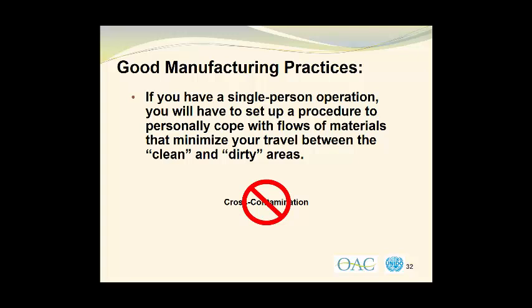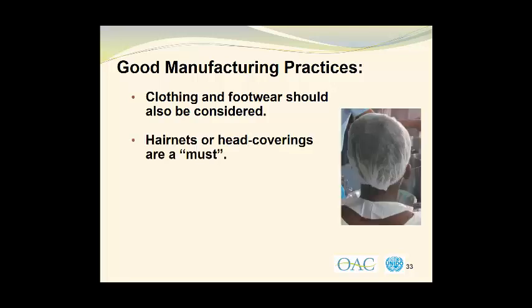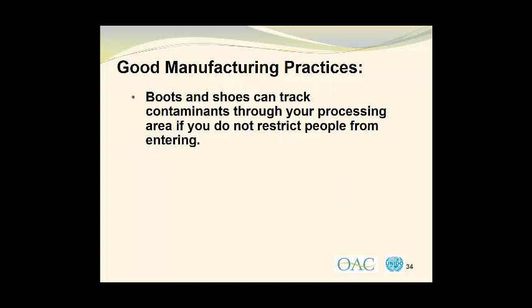If you have a single-person operation, you will have to set up a procedure to personally cope with flows of materials that minimize your travel between the clean and dirty areas. Remember, you want to avoid cross-contamination. Clothing and footwear should also be considered. Hairnets or head coverings are a definite must.